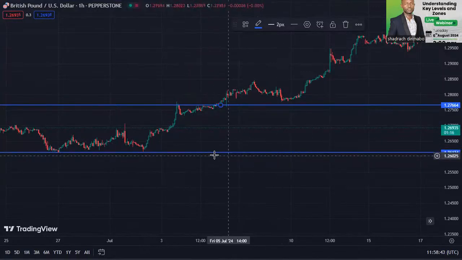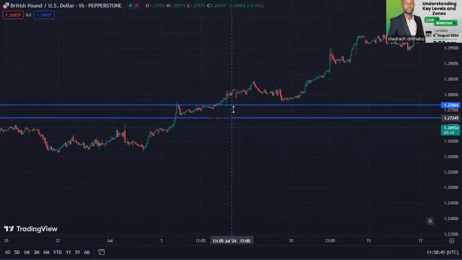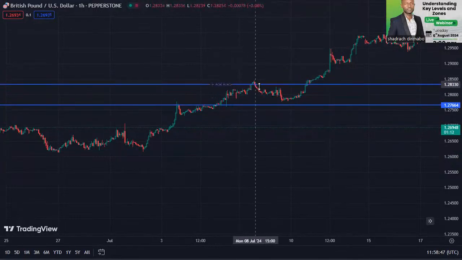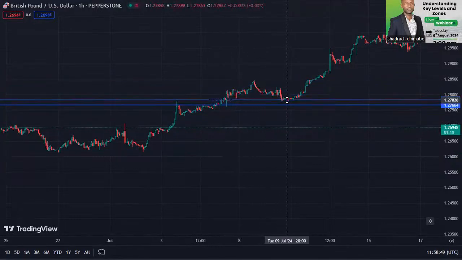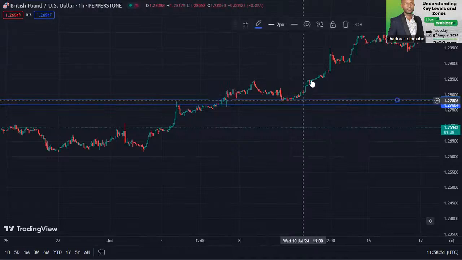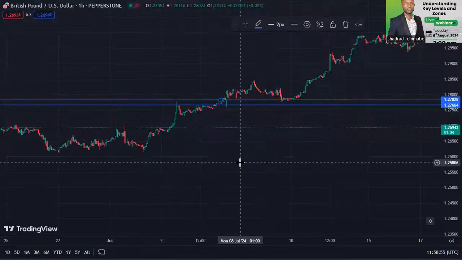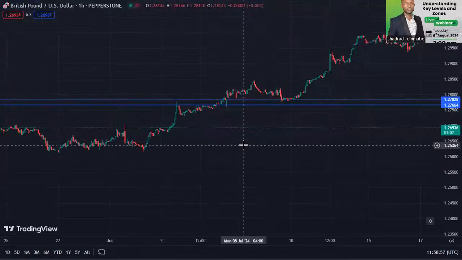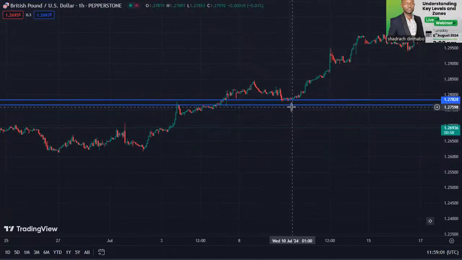Then you get to this point again, and you will notice that the market went up, got to this point, and from this point it pushes up. That's a support at this level. So this point becomes a zone. I don't know if you capture this. This seems to be very clear. Do you understand? This point becomes a zone.